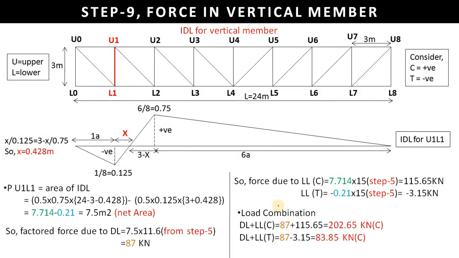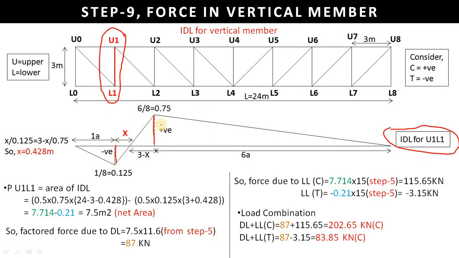Now coming on to the second vertical member, which is U1, L1. Here similarly we have to plot the ILD for the vertical member U1, L1. Here we have to calculate two different heights, one in compression and second in tension.